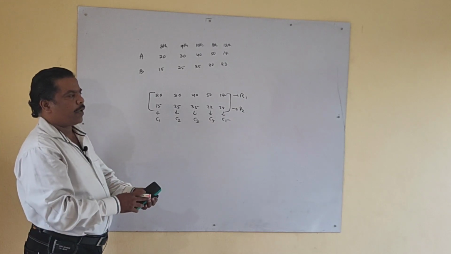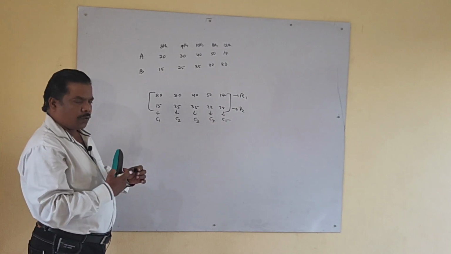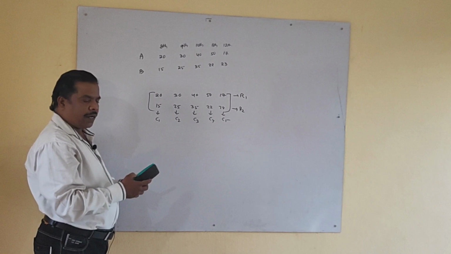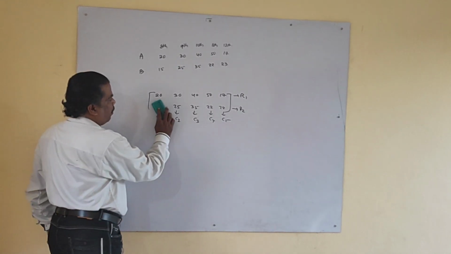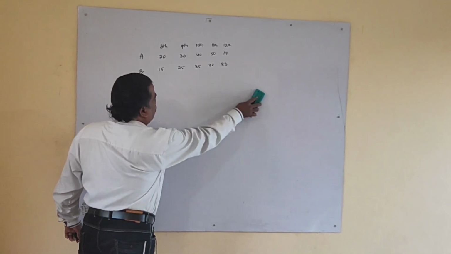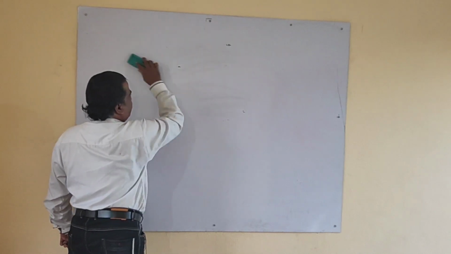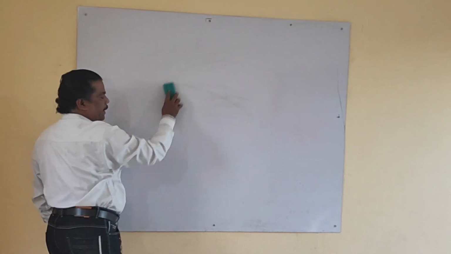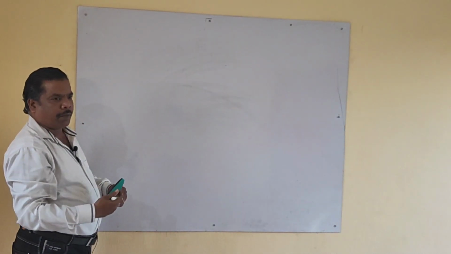Hence, now you can define a matrix. A matrix is an arrangement of numbers in a rectangular arrangement. That means a matrix is a rectangular array of numbers.